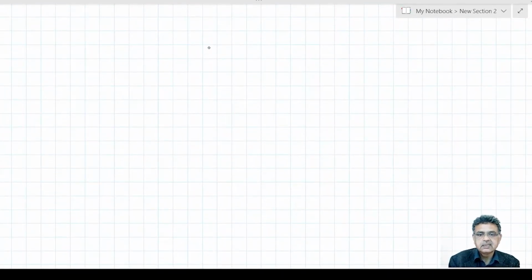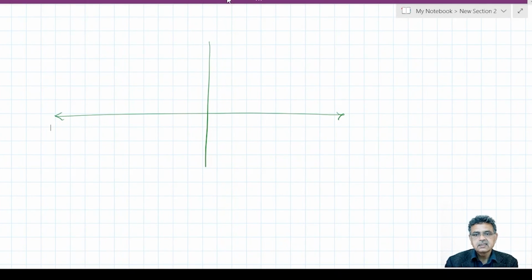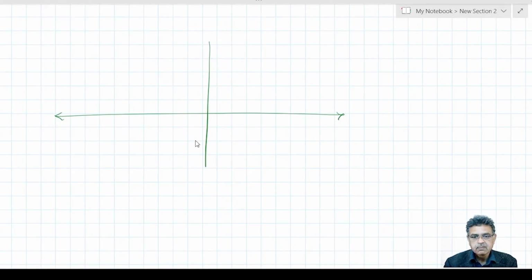Second, about sine theta. As we have already discussed, sine theta is positive above the x-axis. This is the range of angle 0 to 180 degrees.